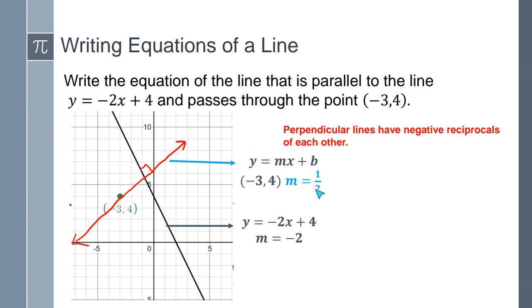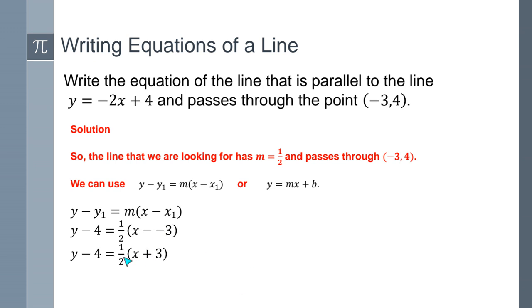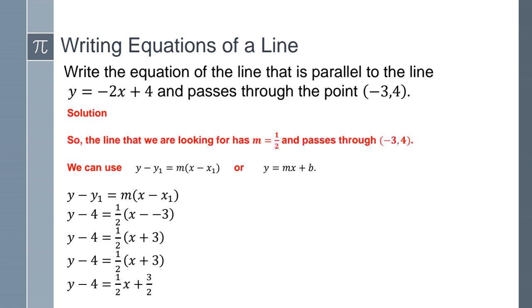If we want to find the perpendicular line, a half is our slope, and then we have our point, and we do the same thing. We plug in y minus 4, the 4 coming from the point, our slope is a half, and our x is negative 3. Simplify: let's multiply the half in parentheses, so 1/2 times x is a half x, and 1/2 times 3 is 3/2.